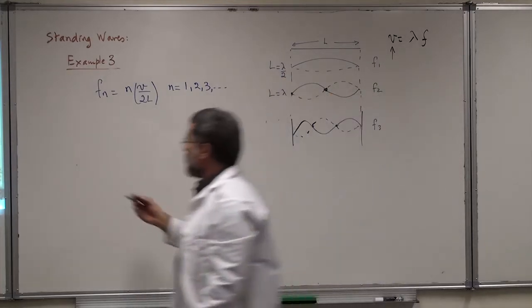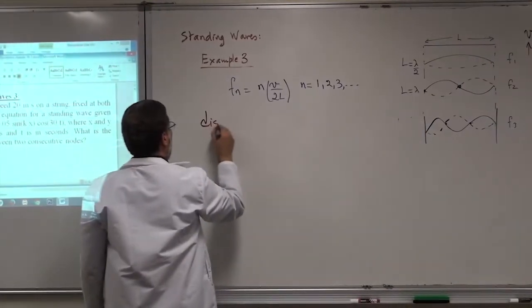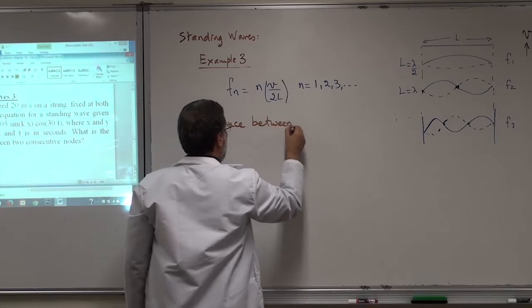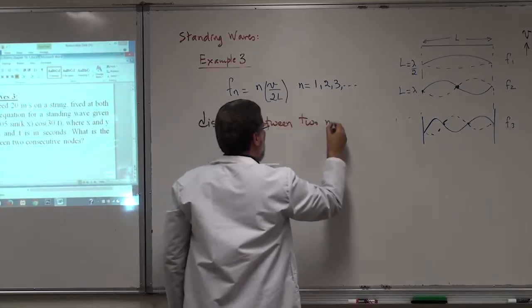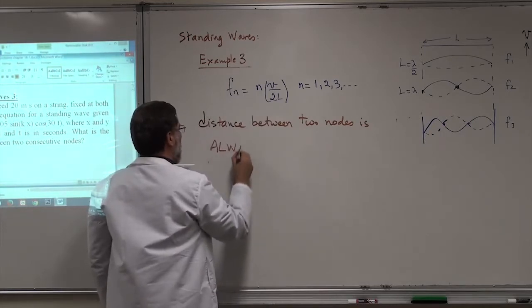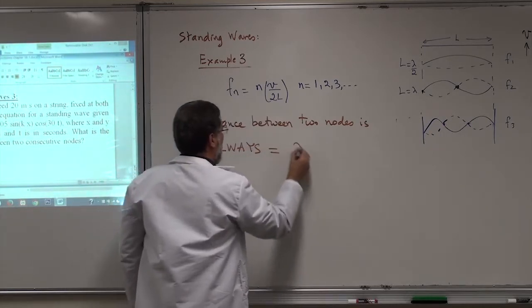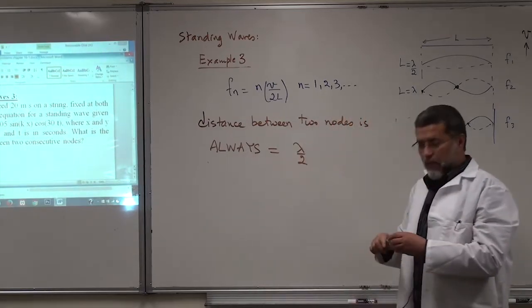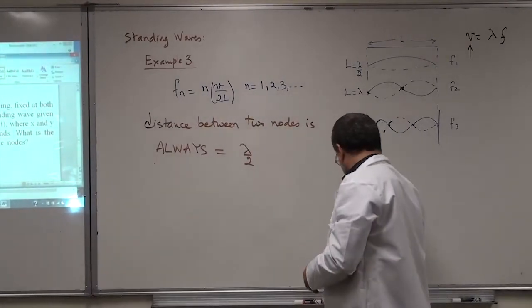Let me write it down here: clearly, the distance between 2 nodes is always, very important, always equal to lambda over 2. So if I can find lambda from this problem, then I can find the distance between 2 nodes, okay?